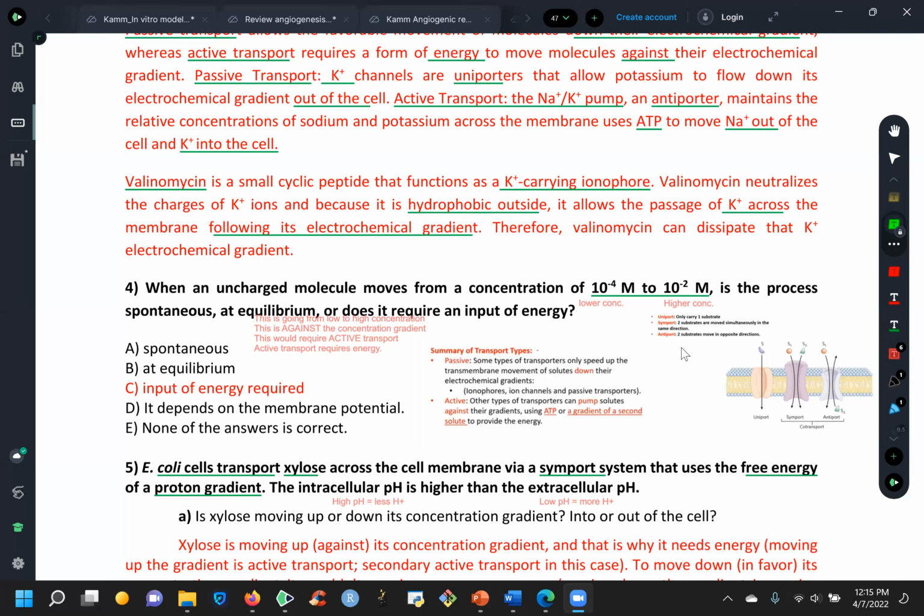It takes sodium outside, and then it brings potassium inside. So that's active transport versus passive transport. Channel versus pump. No energy required versus ATP required. Down its electrochemical gradient versus against the electrochemical gradient. So it's all definitions.